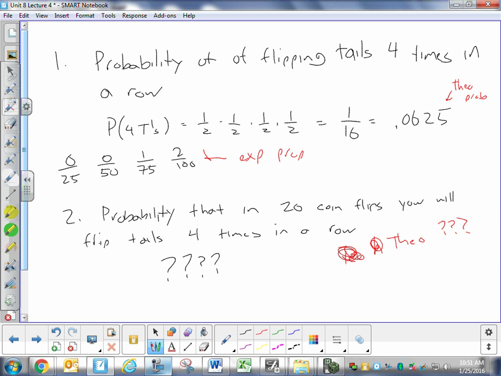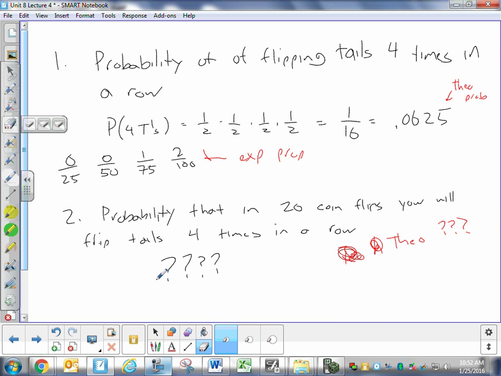Now, in the 20 throws, who succeeded in getting 4 tails in a row? 1, 2, 3, 4, 5, 6, 7, 8, 9, 10, 11. Anyone get it twice?